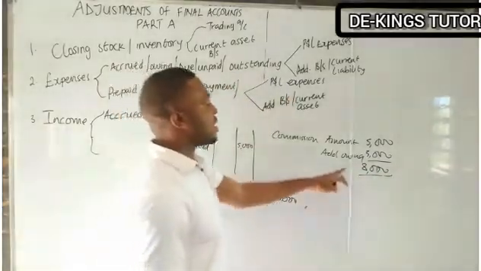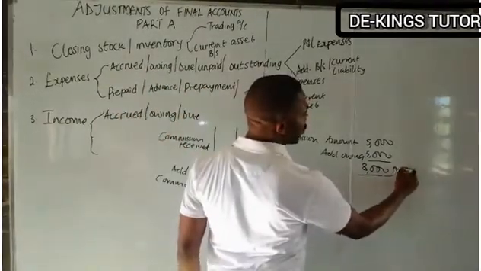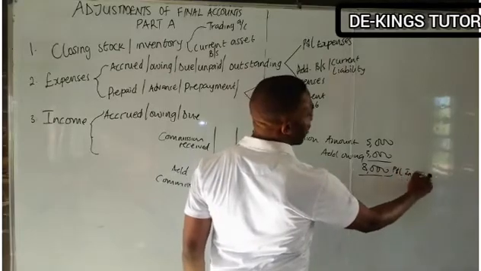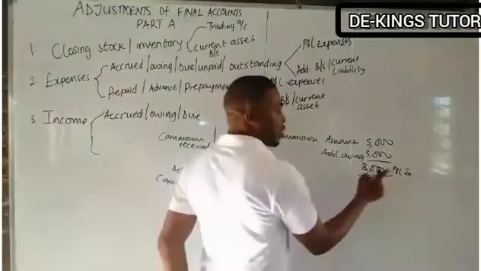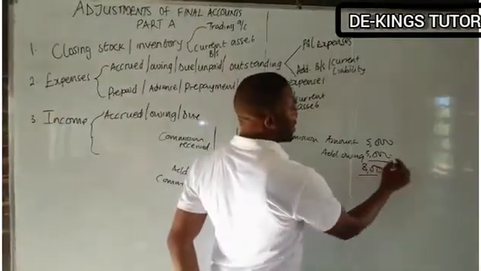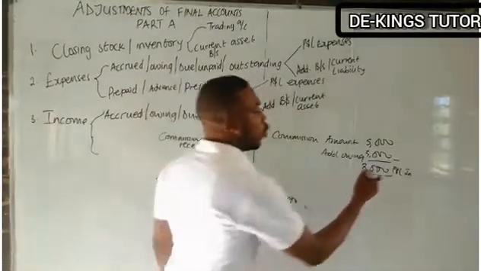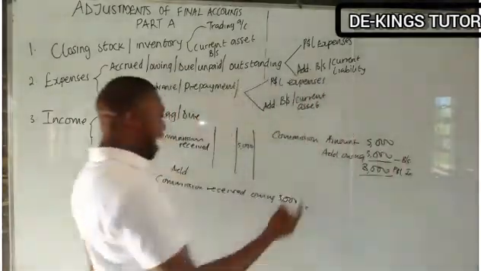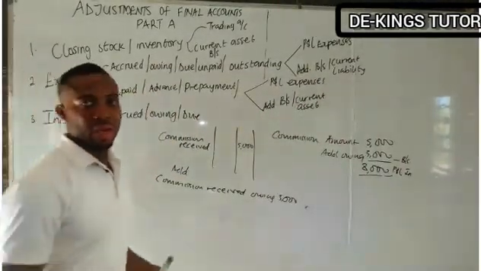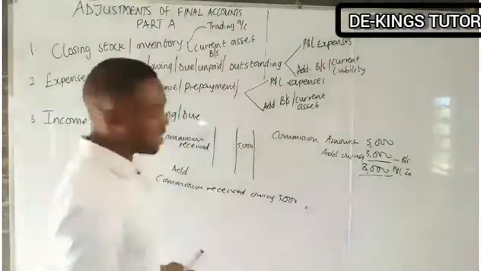Okay, so it is this 8,000 that will go to profit or loss account as income, not as expenses like the previous. As income in the credit side, while this 3,000 under additional information is what will go to the balance sheet as current asset.